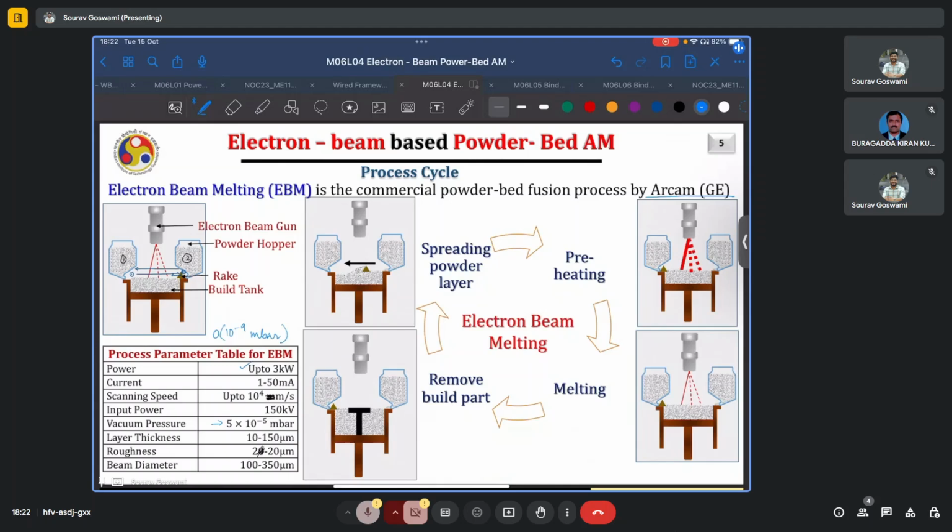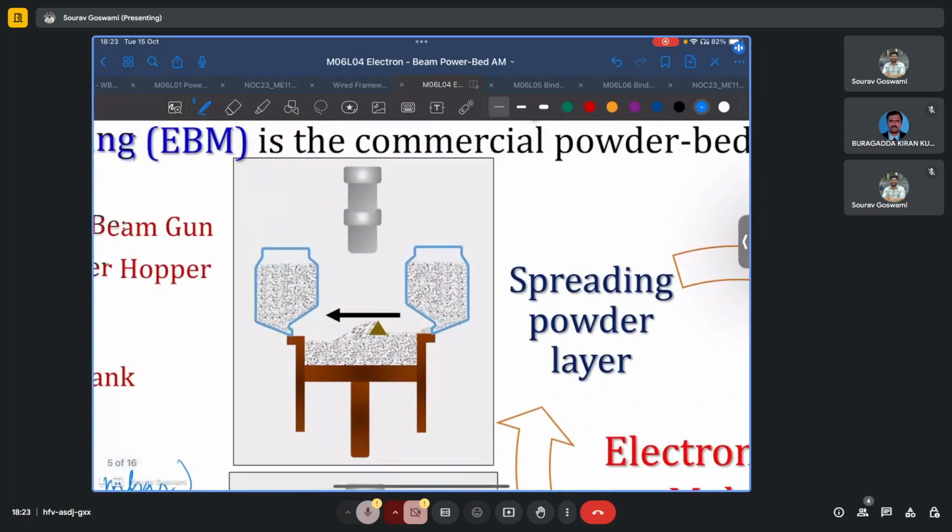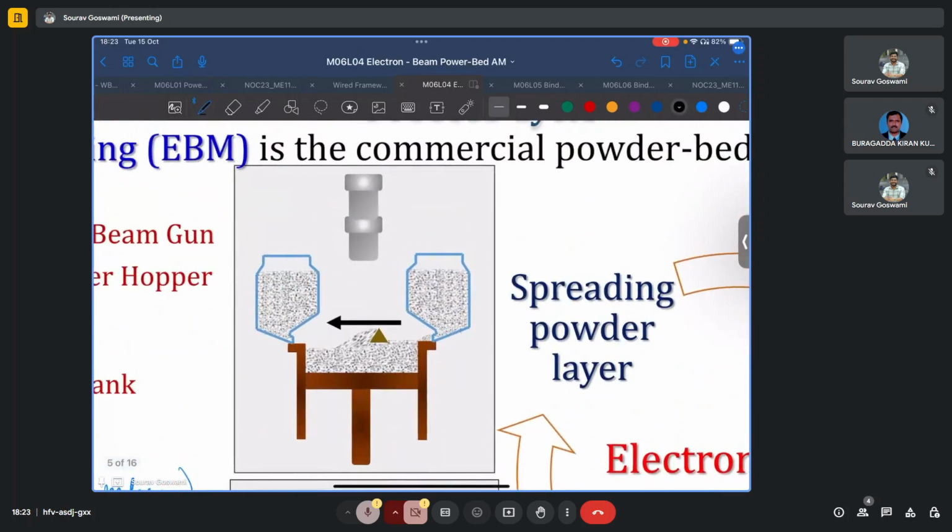And if we look at the typical process cycle for electron beam building or similar technologies, the first step is the spreading of the powder layer. So in this case, as we can see, this was the height of the last printed layer.